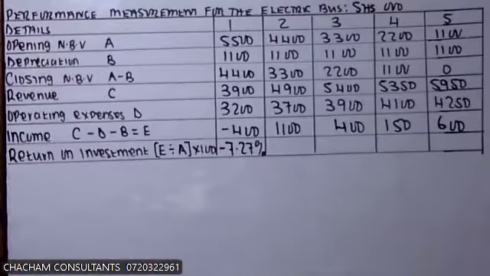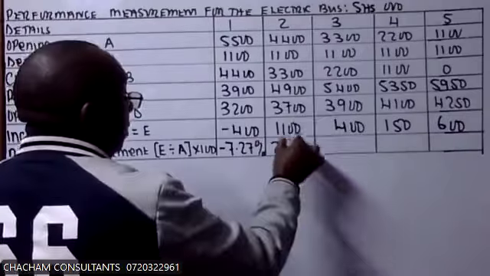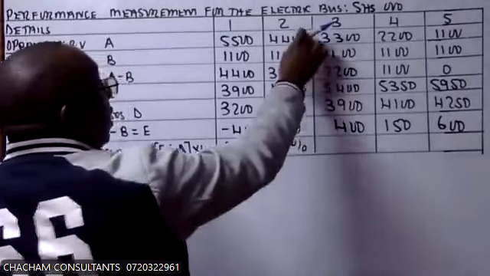The next, 25%. This 1100 divided by this 4400.